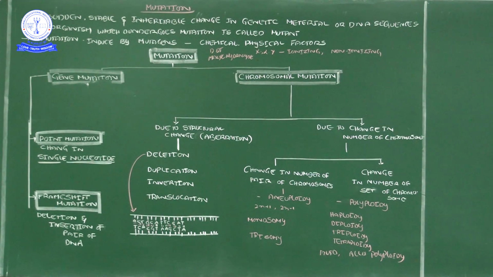After diploid, maybe 3 sets of chromosomes, that means 3n condition, or maybe 4 sets of chromosomes, 4n condition. So here the first category tells about the change in the number of pairs. How many pairs are there? And here, change in the number of sets of chromosomes tells about the diploid, triploid, haploid or tetraploid.